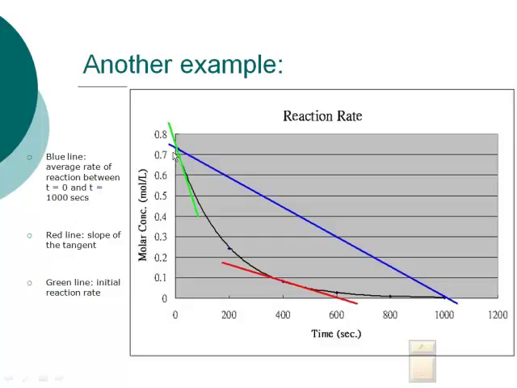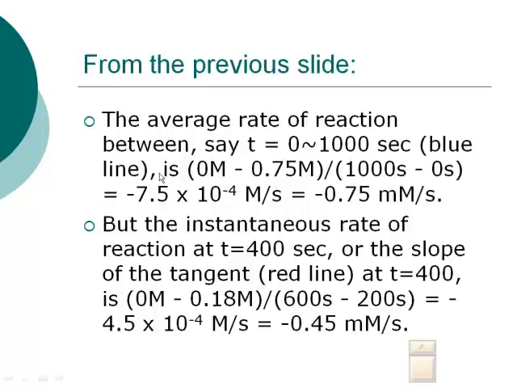The initial molarity looks like it started around 0.75 in between this 0.7 and 0.8. So that's where we got the 0 minus 0.75. Will this be positive or negative? Think about that. Because it's going to be negative. This must be the reactant. And then it's divided by the final time minus the initial time. If you do your math very carefully, you will get a negative 7.5 times 10 to the negative 4 molarity, or moles per liter second.